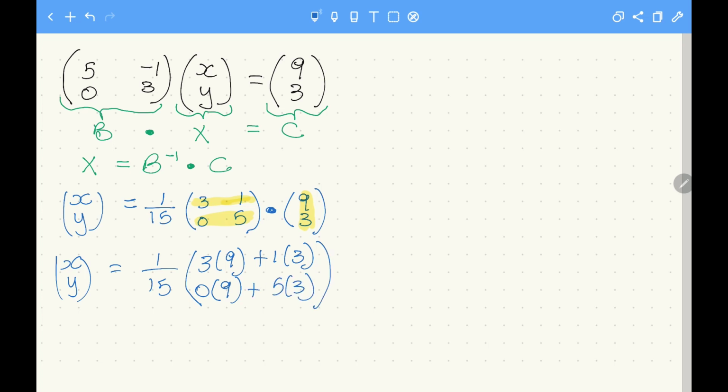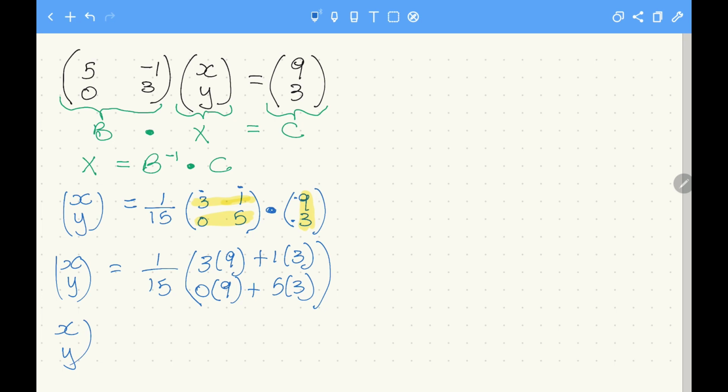Remember, it's row times column. So you go first term in the first row multiplied by first term in the column. Then the second term in the row multiplied by the second term in the column. Cool? All right. Now, that will give us, let me go down here instead, because I might need some space.